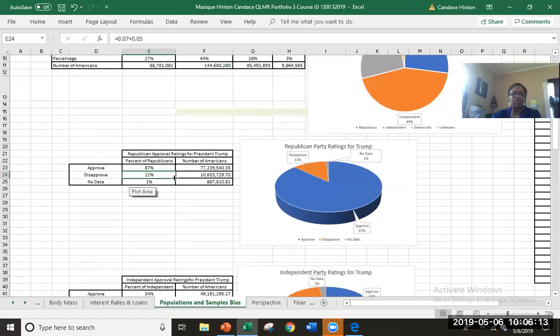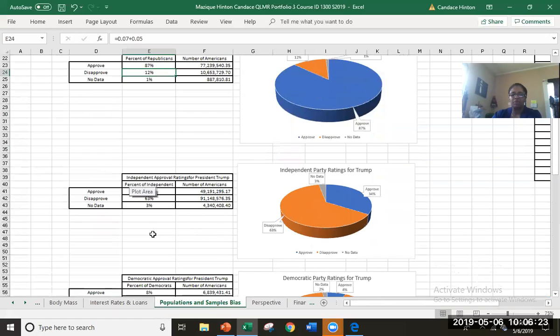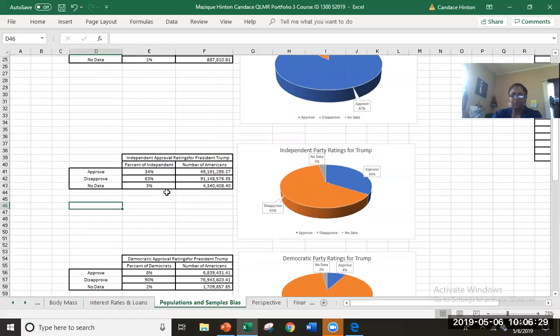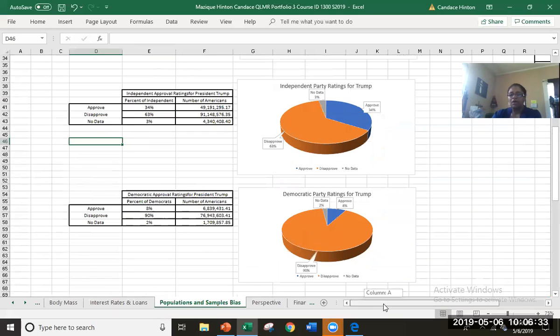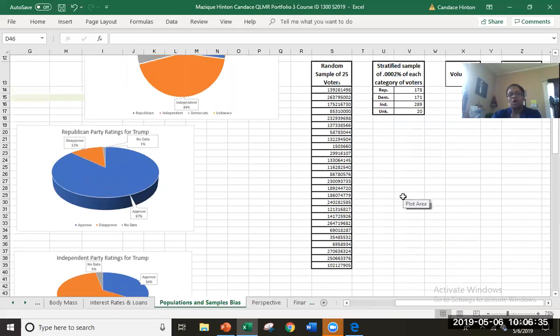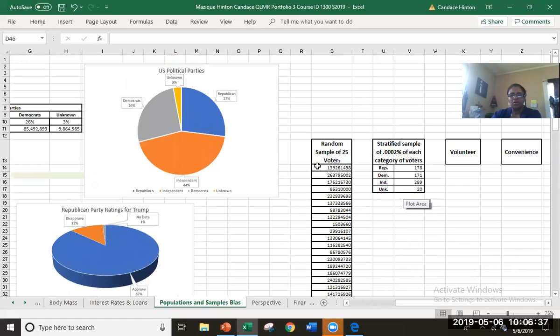We have 12% that disapprove, and this is just out of the Republican Party. And we have 1% of those polled that don't have an opinion at this moment. And we have the same chart and breakdown with the Independent Party as well as the Democratic Party. Okay? And in this, we were talking about doing samples.